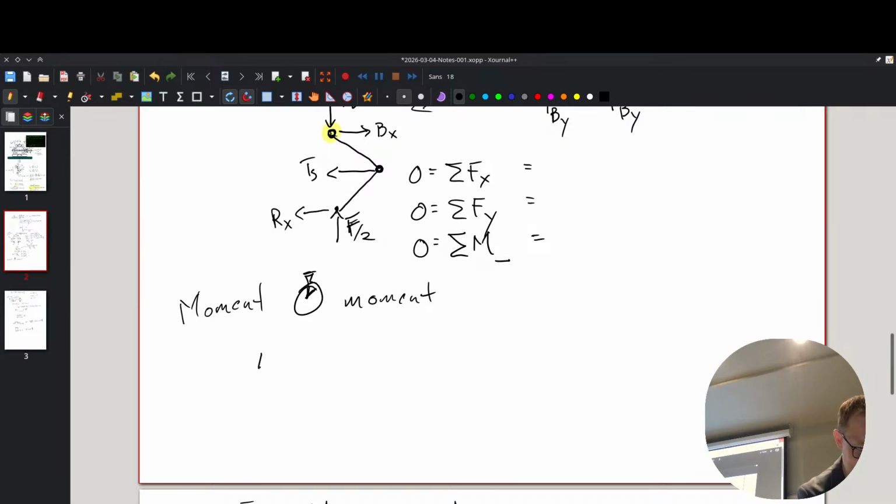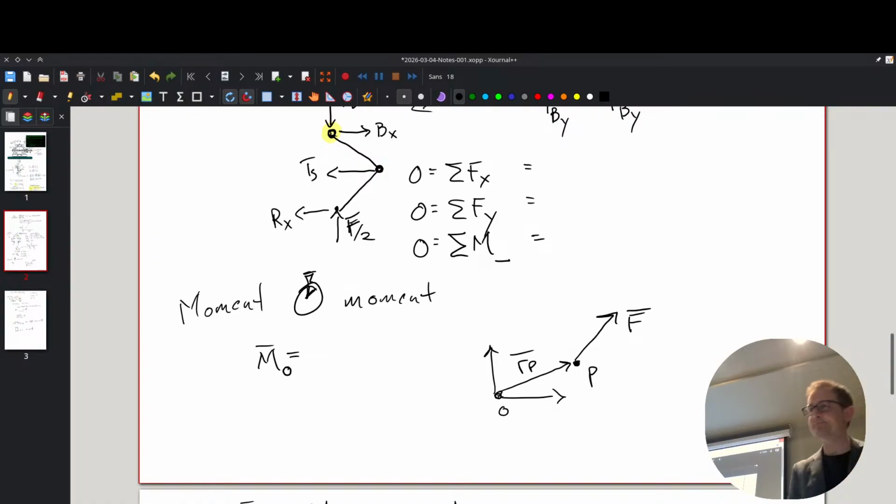Formal definition is that M is, so if I say M of O, here's my O, here's my point P, so I have a position of something and a force applied to that point.